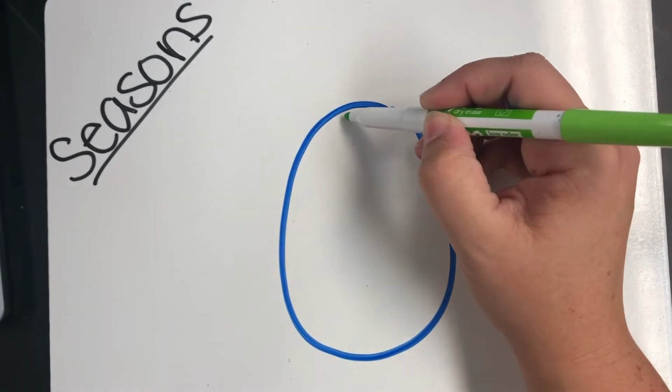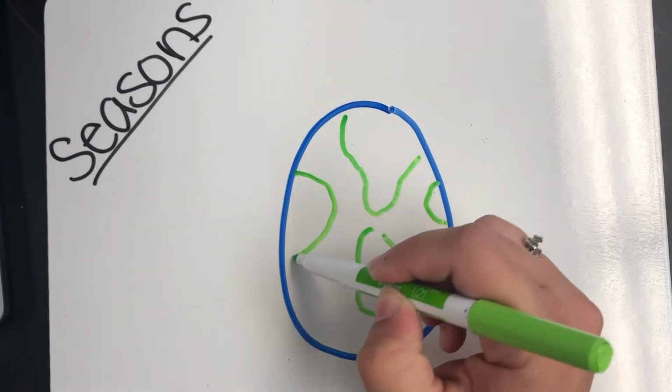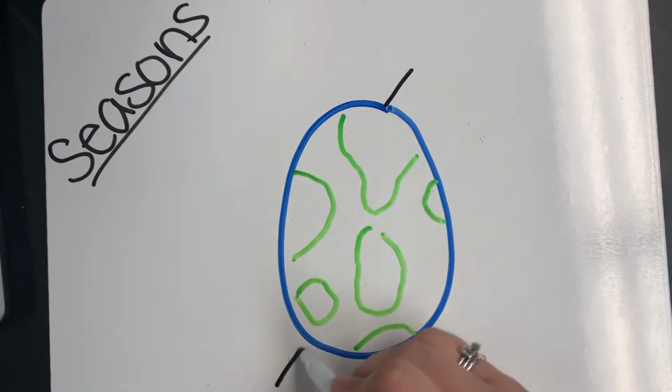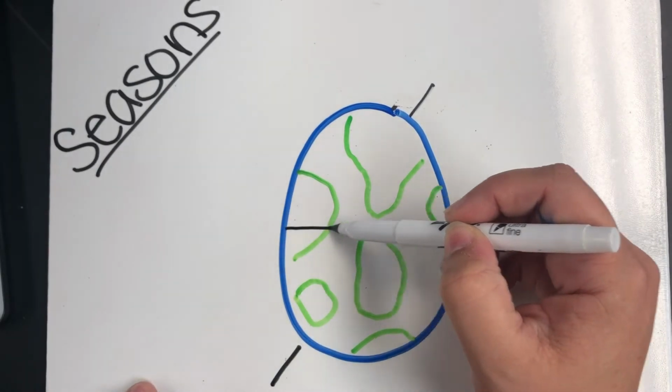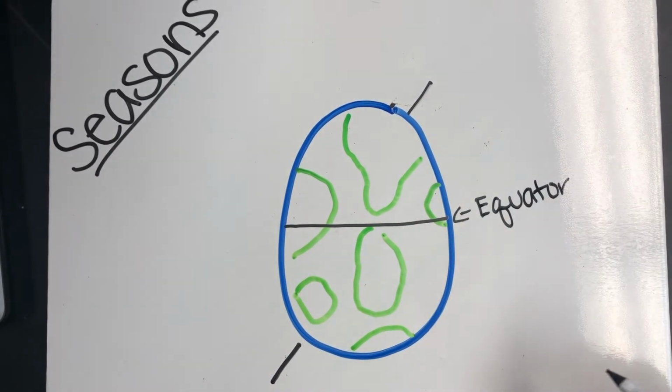The temperature of each of these seasons varies drastically depending on where on the Earth you are. Typically, it is warmer near the equator and colder towards the poles.